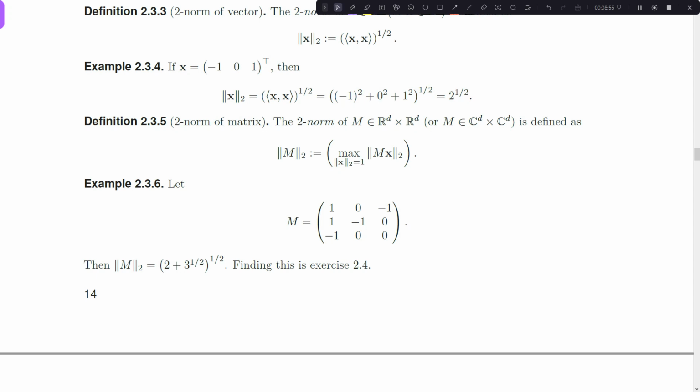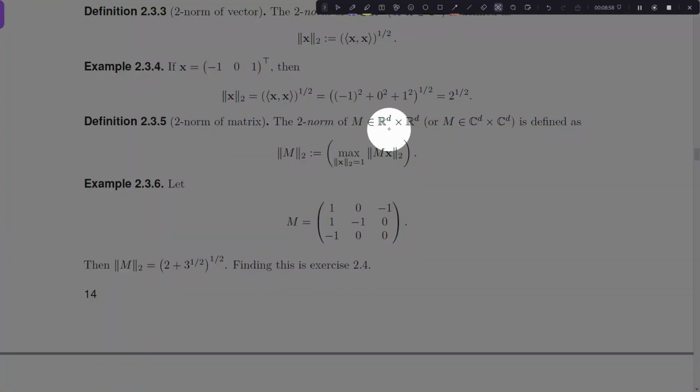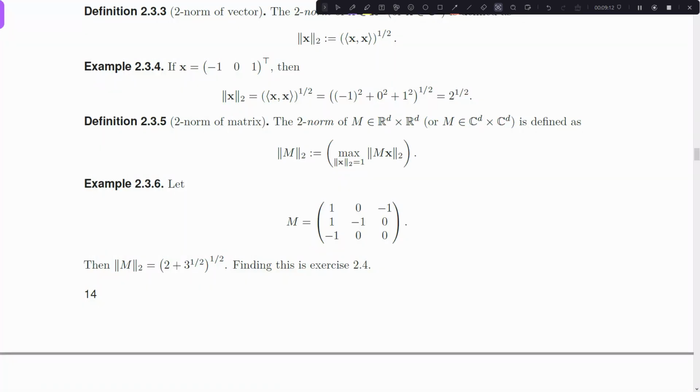Defining the norm on a matrix is a little bit tricky. It's got a kind of funky notation here. We're going to take the maximum value, over all vectors with norm 1, of the norm of the image under the matrix. So how can we think about that conceptually?